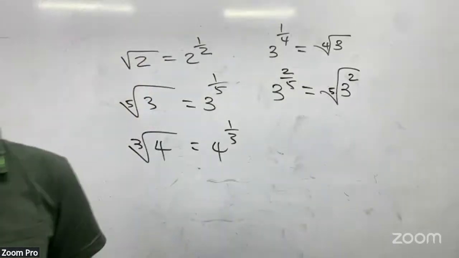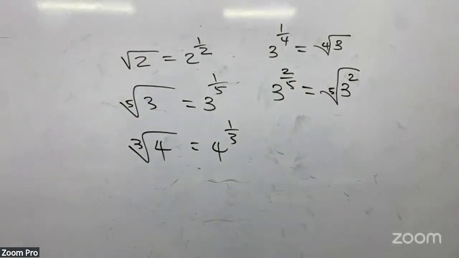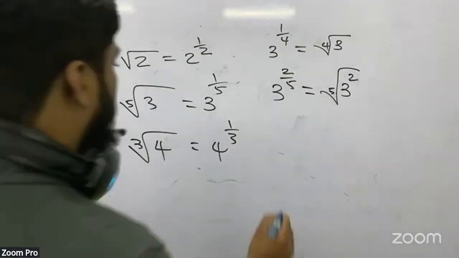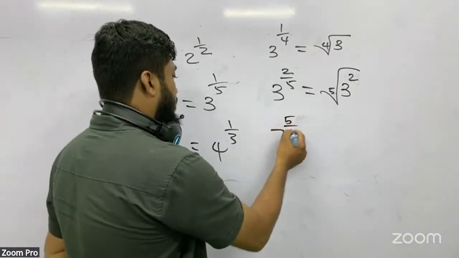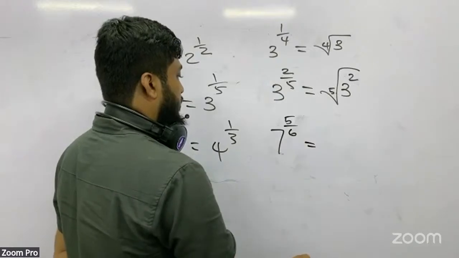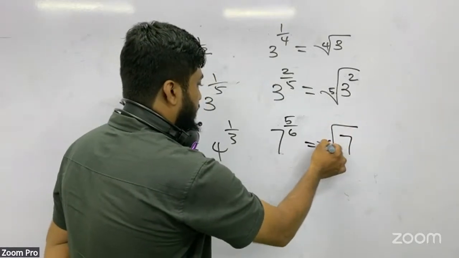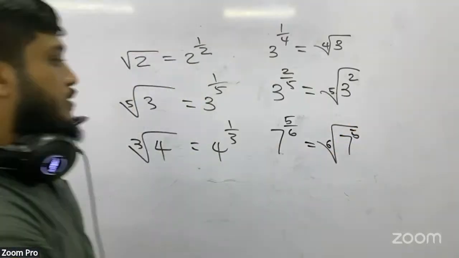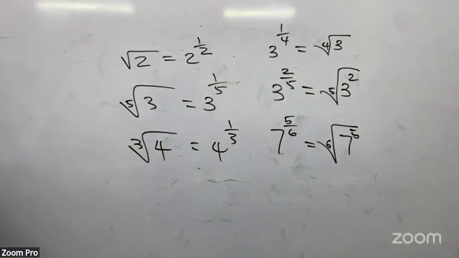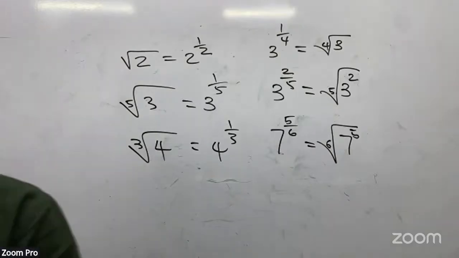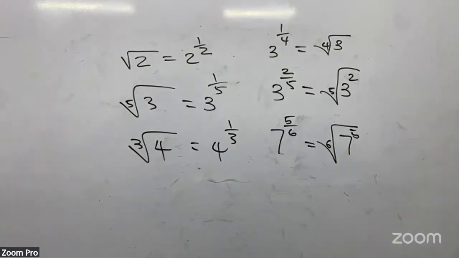Next one. 7 to the power 5 over 6. So what is it? 7 square root 6 and here 5. Are these things clear? Now these things are fine.